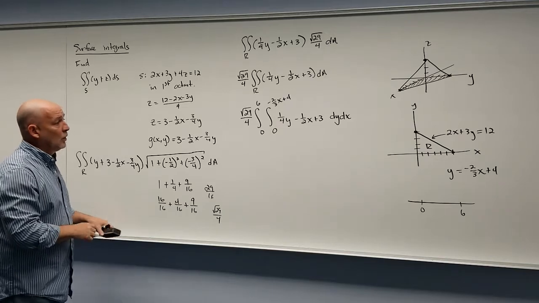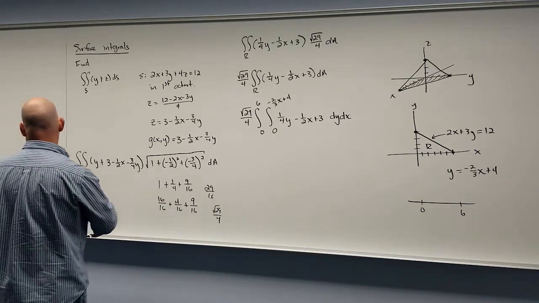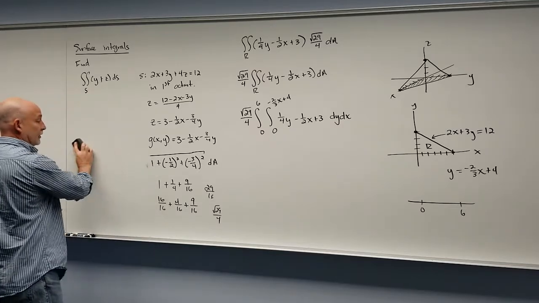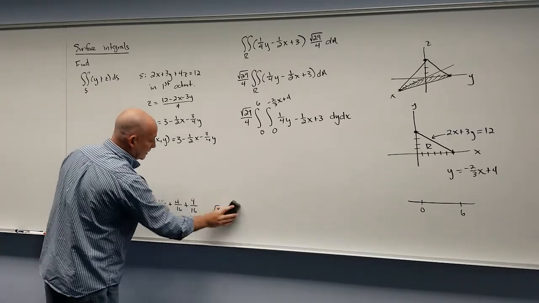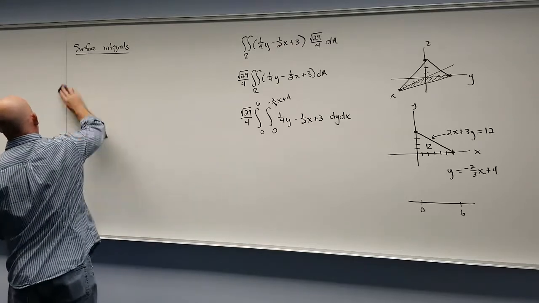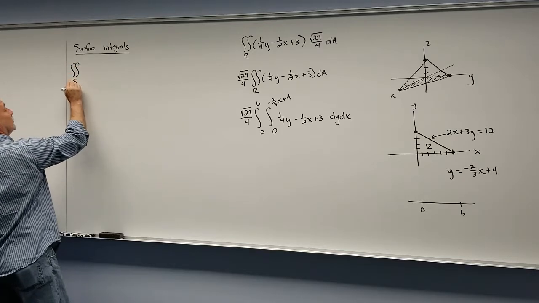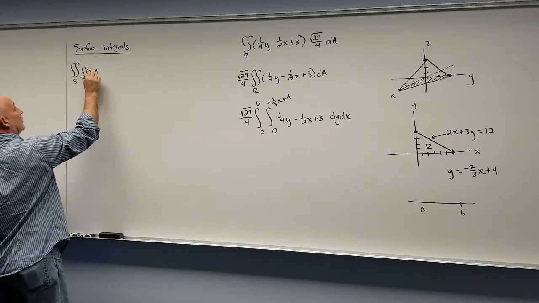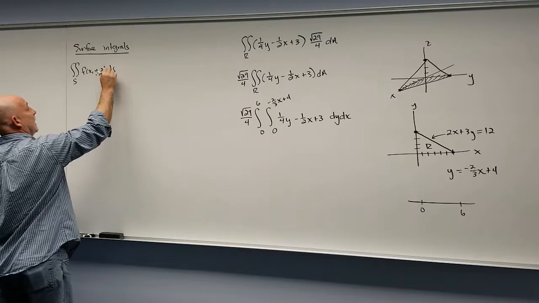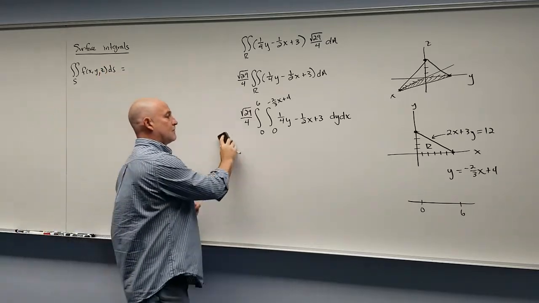All right, now in the past we've also seen parametric surfaces. What if this was defined in terms of parametric? Well, not a lot changes from what we've had in the past. The integral over some surface, some f of x, y, and z dS, well, how does that translate into parametric?